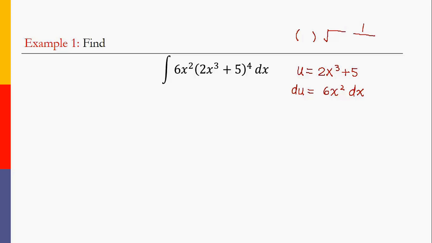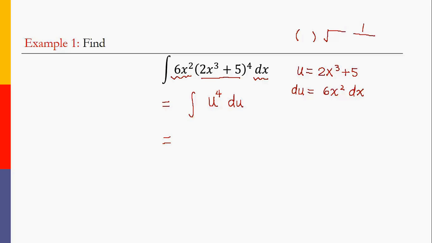Now we substitute the expression in the original integral. 2x cubed plus 5 became u. 6x squared dx became du, and it's u to the fourth power. So this integral transformed into a very simple integral using the variable u.